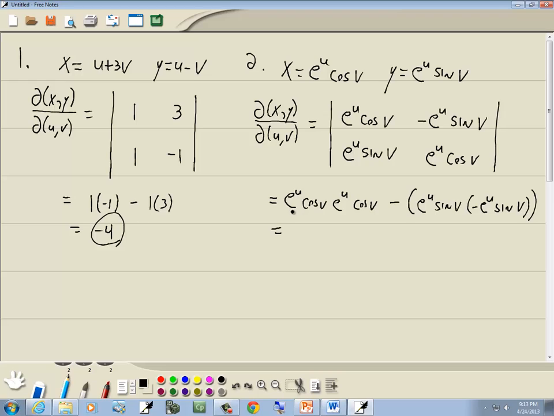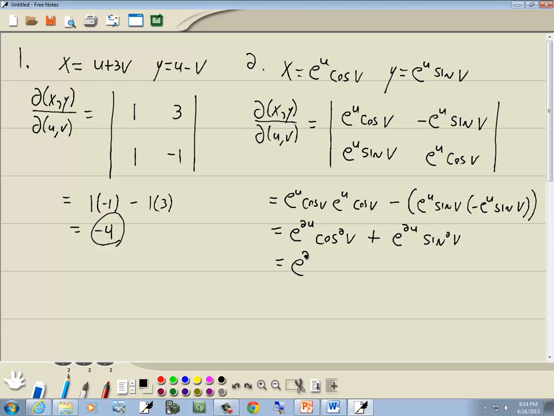Well, if you got e to a power times e to a power, you add the exponents. It's kind of like x squared times x to the third. You add the exponents. So u plus u gives us 2u. And cosine times cosine gives us cosine squared v. Now here we got a negative negative, which gives us a positive. And e to the u times e to the u is e to the 2u. And sine times sine gives us sine squared v.